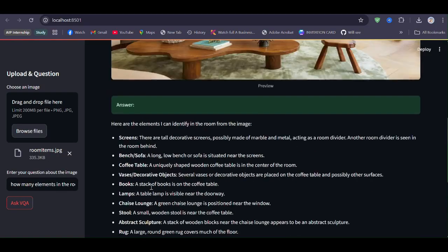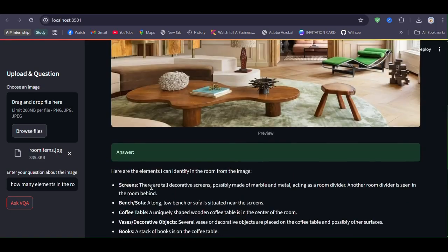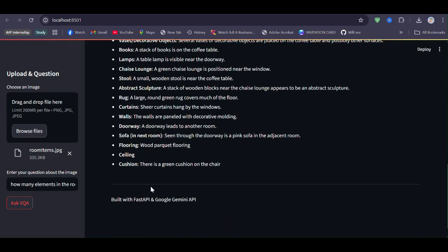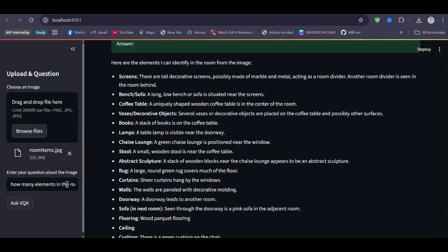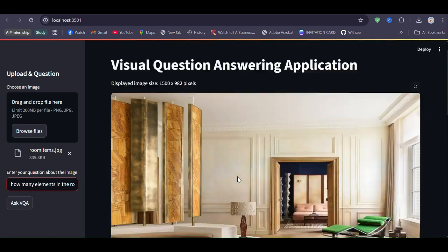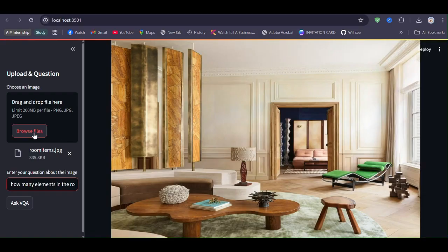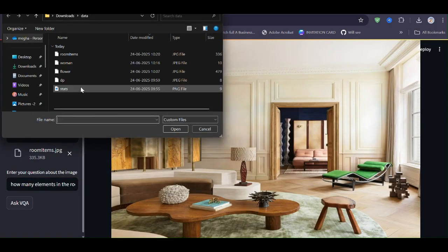And here is the answer. You can see it reported how many elements there are in total and it named them all. So it could detect an image, count everything, and even detect them individually, like chair, books, all of them.